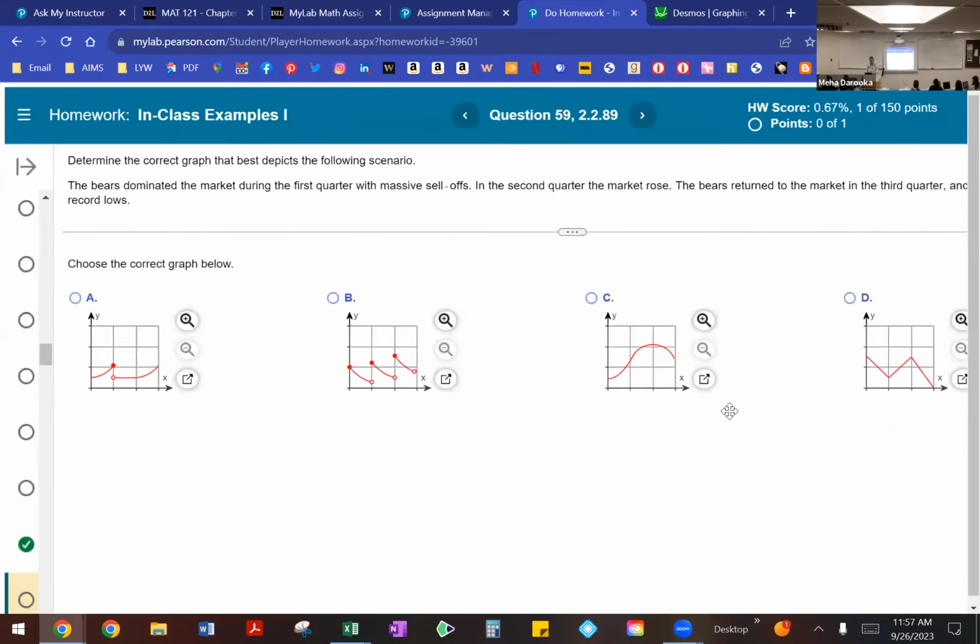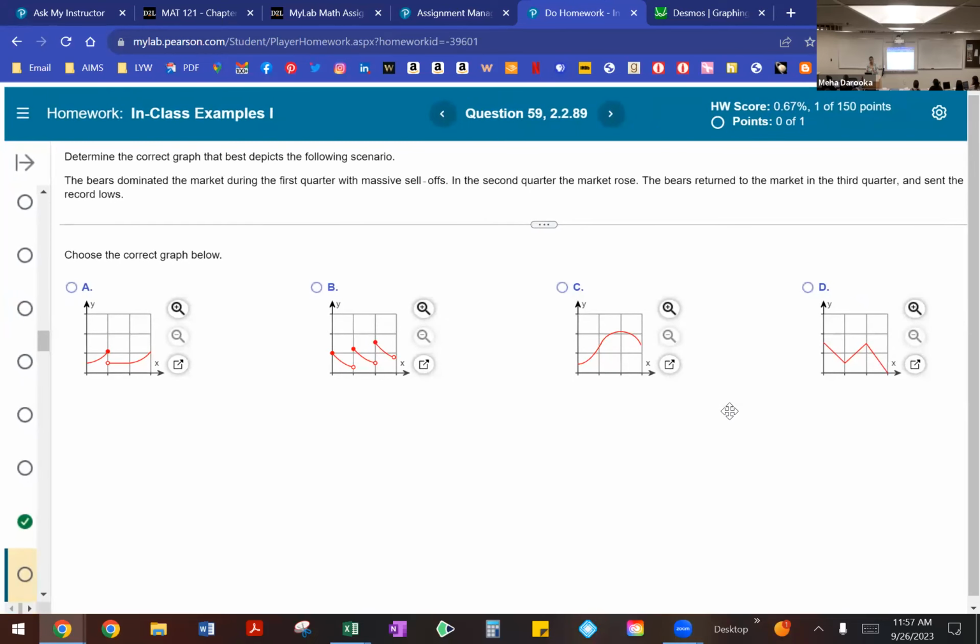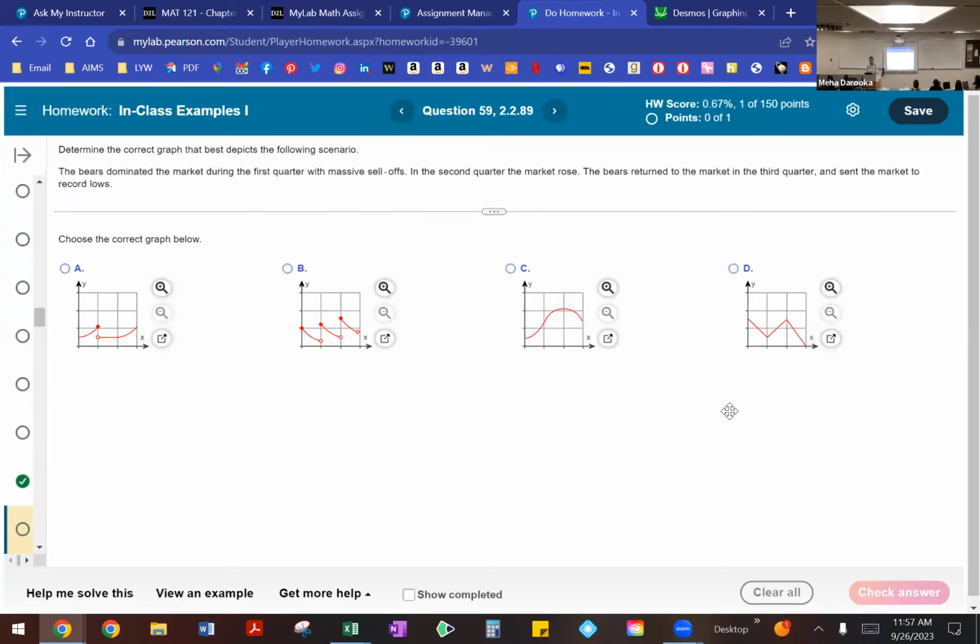Okay, this one will change up a little. They're actually giving you a description and asking you to identify the graph based on the description. If I'm gonna have the whole statement there, I'm gonna have to make it smaller. So as you can see, this guy is saying the bears dominated the market during the first quarter with massive sell-offs.